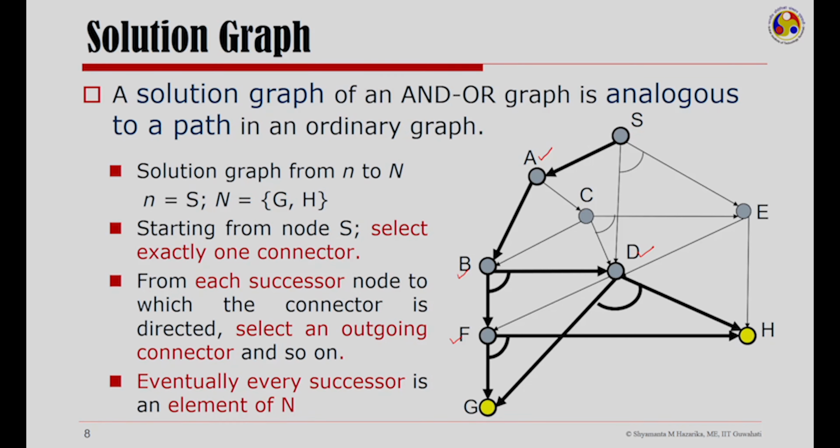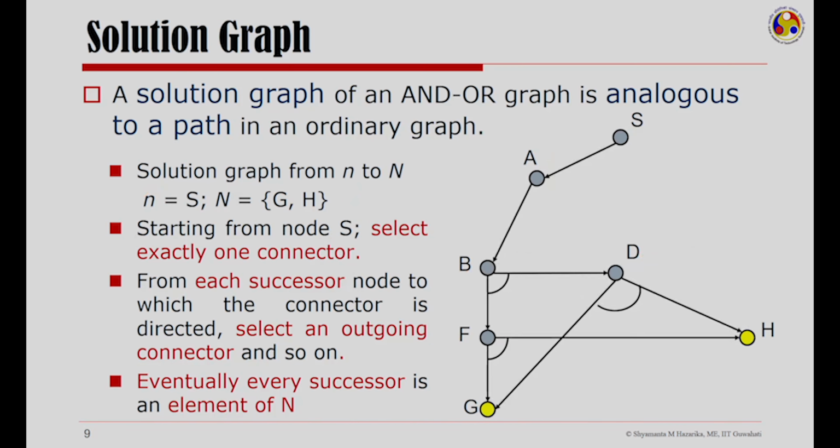So, after we have traversed from S through A to B via F and D, we have arrived at G and H, which is the set that we want to have arrived at from N. So, this is the solution graph.